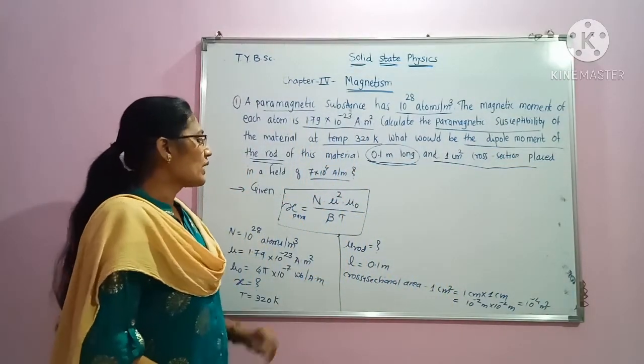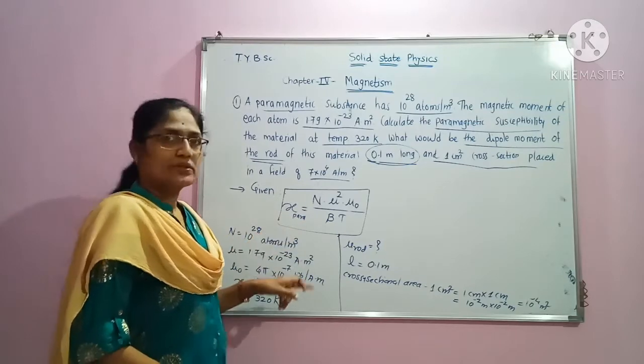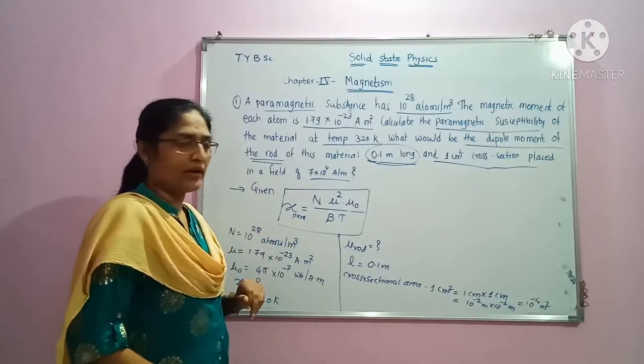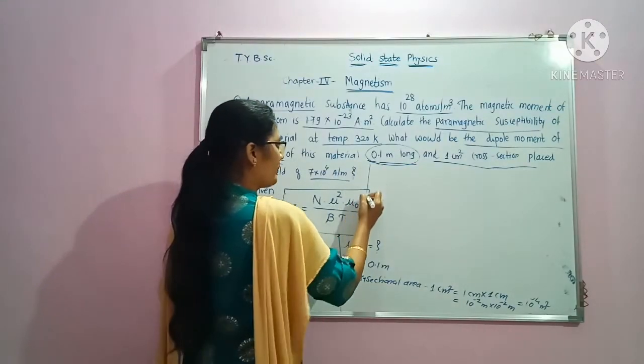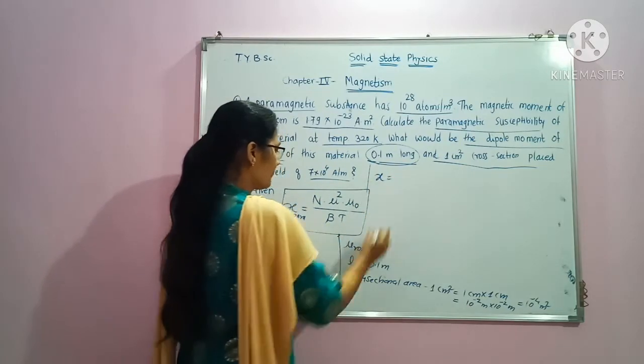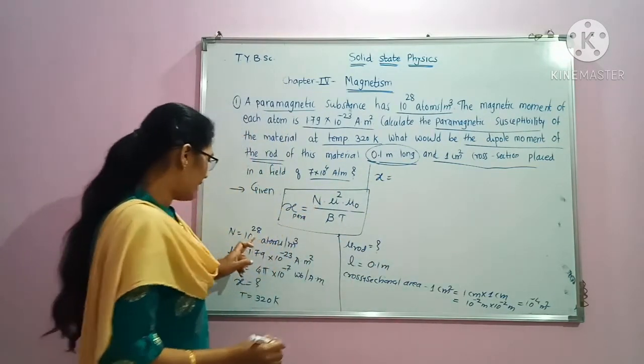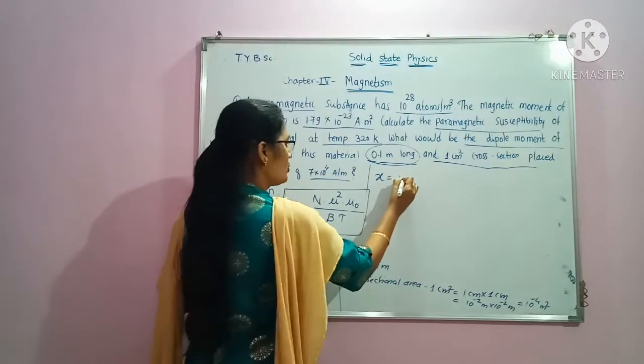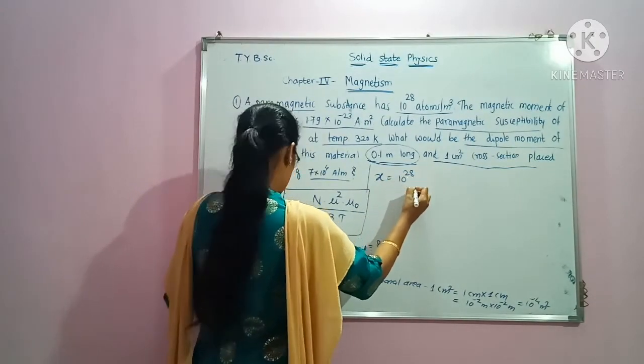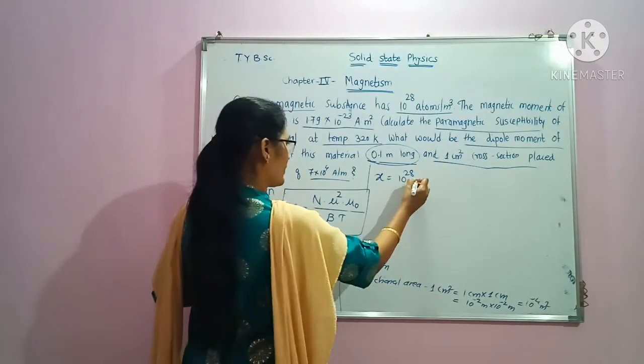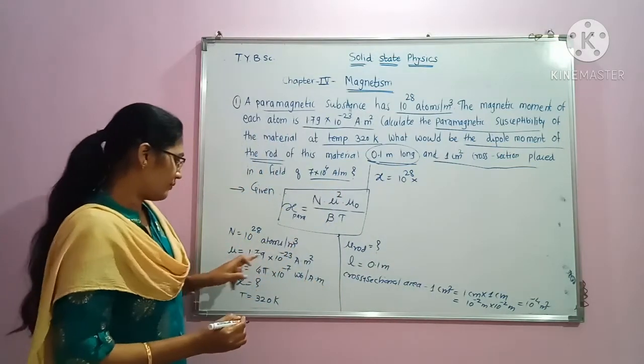So let's substitute these values in the given formula in order to calculate the paramagnetic susceptibility. N value is given as 10 raised to 28 into mu square.